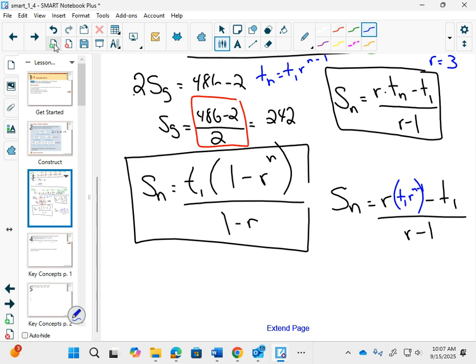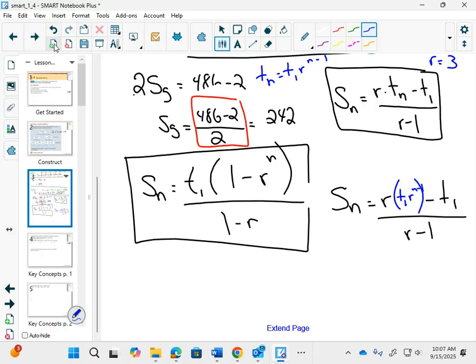But it's just how do formulas get manipulated? The nice thing about changing the Tn out for the formula is now you have just T1s and r's instead of this one has r, T1, and Tn, 3 things you have to plug in. Now that I replace it, I have 1 thing I need to plug in.